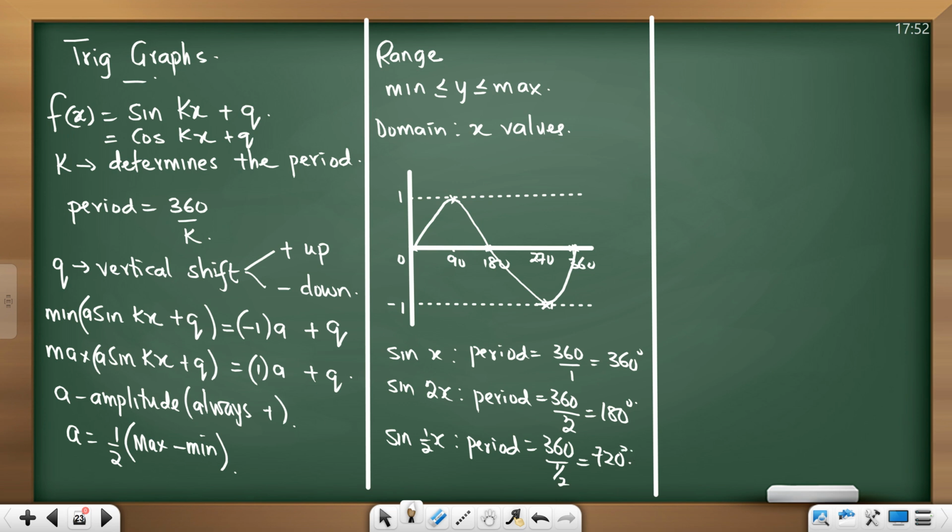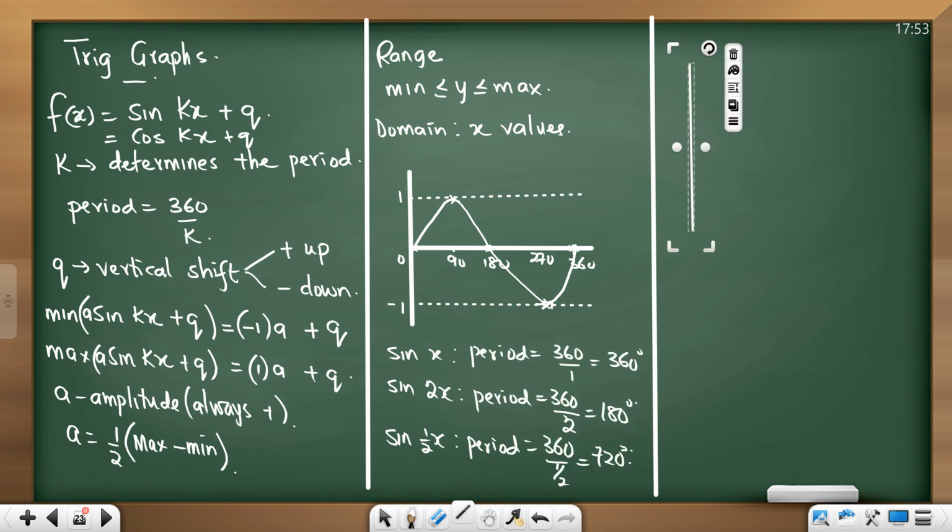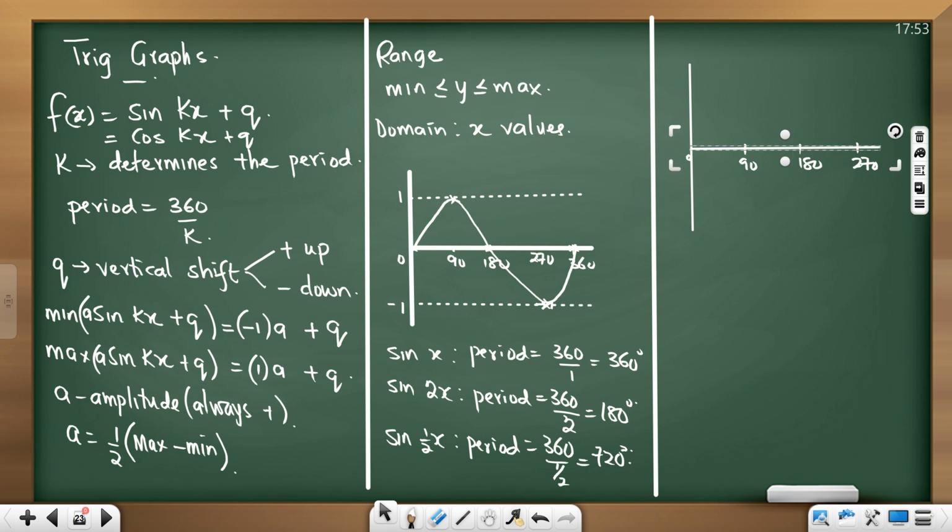Same thing happens with the cos. You must know the mother graphs of each of these things, depending on what the examiner wants you to do. What do I know?